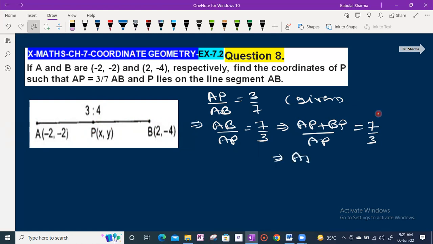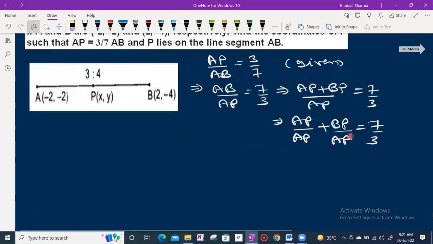Further, AP upon AP plus BP upon AP, that is 7/3. Further, AP upon AP is 1 plus BP upon AP, that is 7/3.